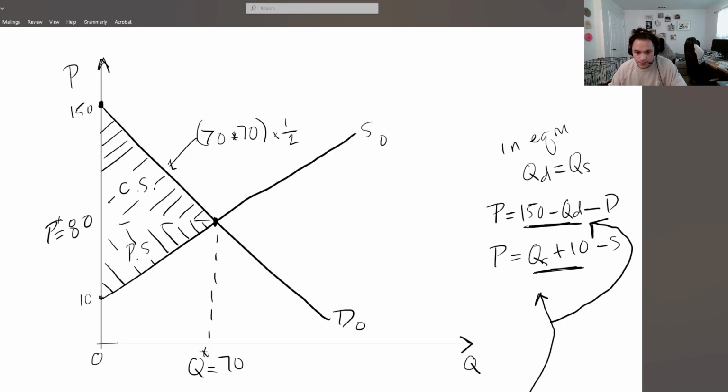And if we do it for the producer surplus, we will get the same thing. The height is now the difference between my equilibrium price and the intercept for producers, and so we get 70 times 70 times 1/2.